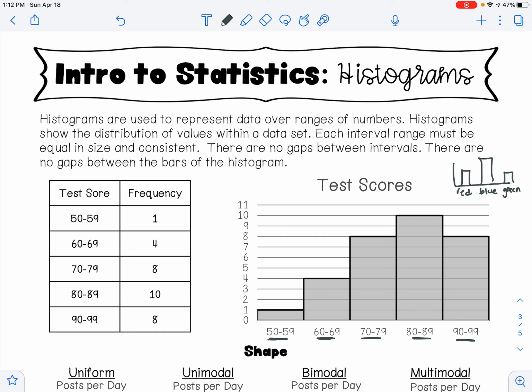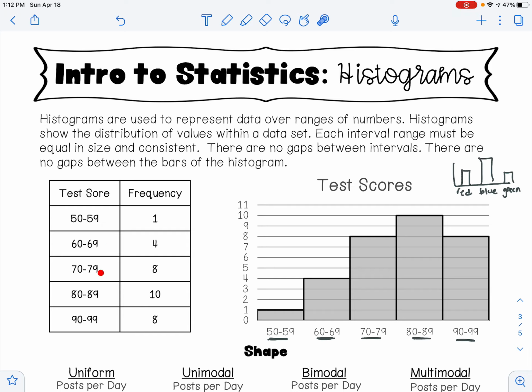It doesn't always have to be the number 10 when you're creating your intervals, but you always want them to be consistent. So whatever you pick for your first interval, let's say you choose to go from 50 to 52. 50, 51, 52, that's 3 numbers. Then your next one will have to go from 53 to 55.